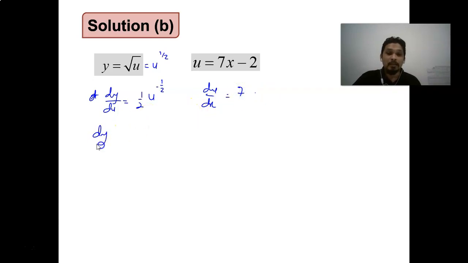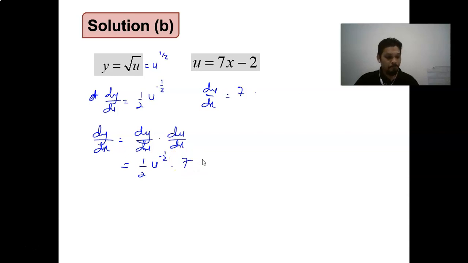Okay, dy/dx equals dy/du multiplied with du/dx. dy/du equals 1 over 2 u to the power of negative 1 over 2, and du/dx equals 7.